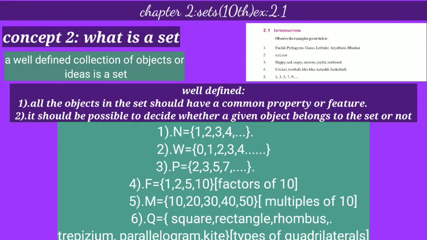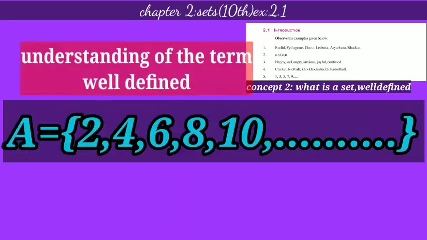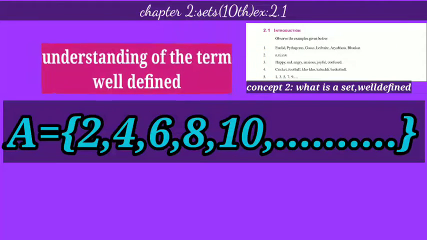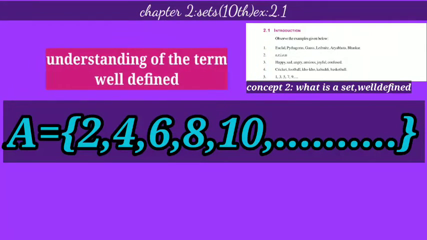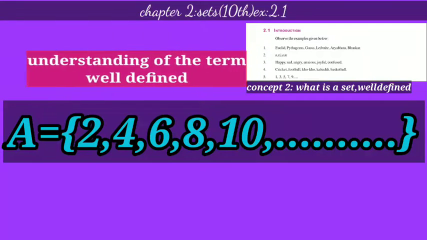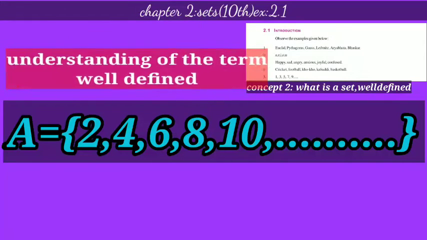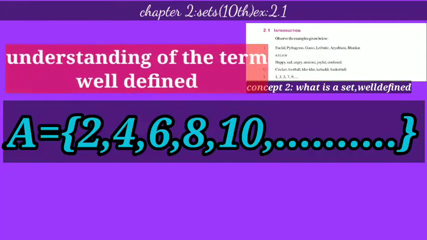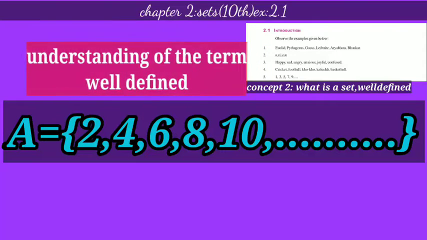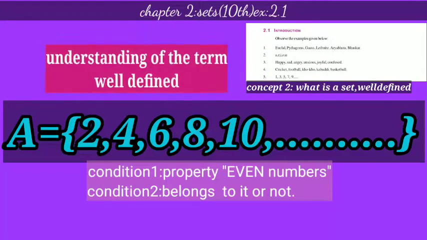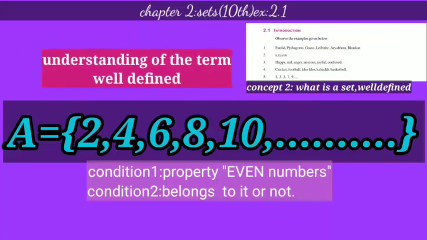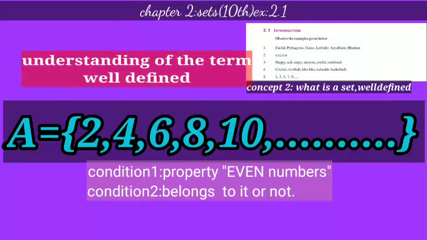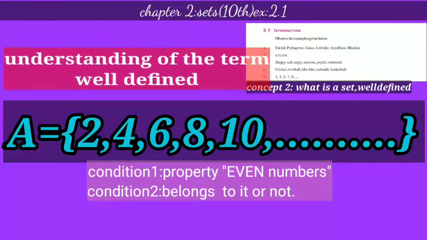Okay, let us understand the term well defined by an example. Here I take a set A consisting of 2, 4, 6, 8, and so on. Can you observe what these numbers are? Yes, these numbers are even numbers, so they share the property of being even.